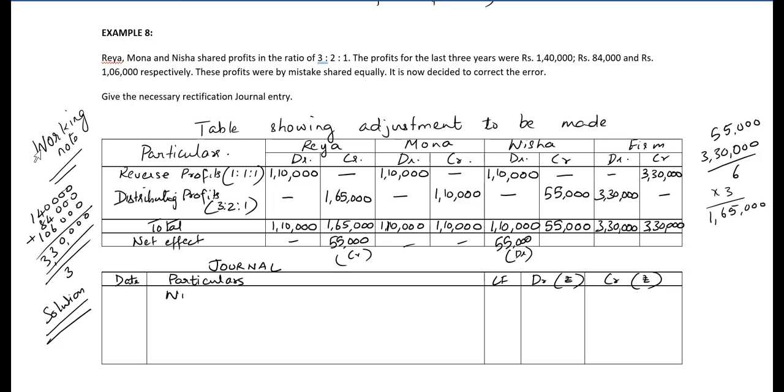Nisha's capital account debit, 55,000, to Rhea's capital account, 55,000.